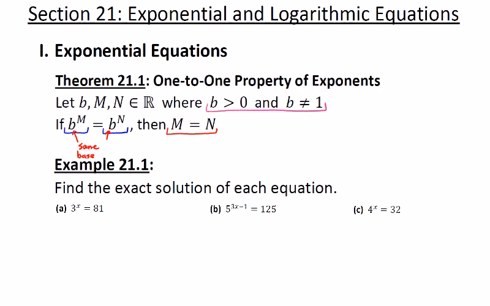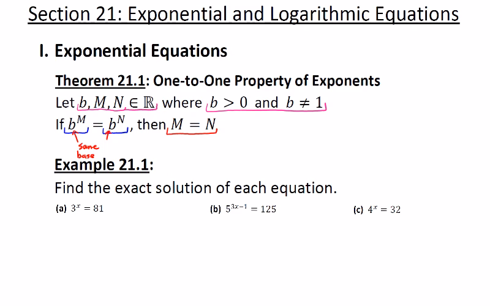So in other words, your base has to be positive and it can't be 1. Now your m and your n, as well as your base, all have to be real numbers. Your base will be a real number because it's greater than 0 and it's not 1. And then your exponents will also need to be real numbers, which is not a problem either.